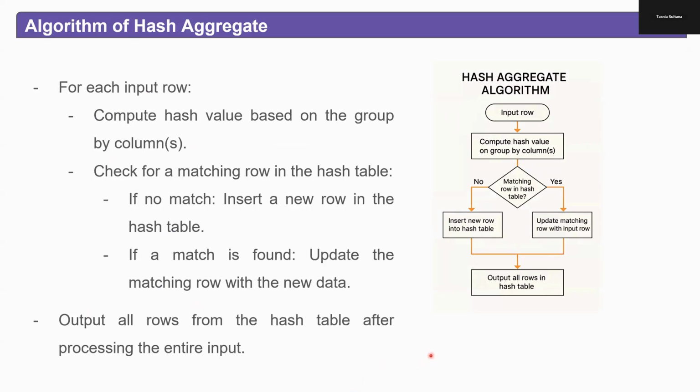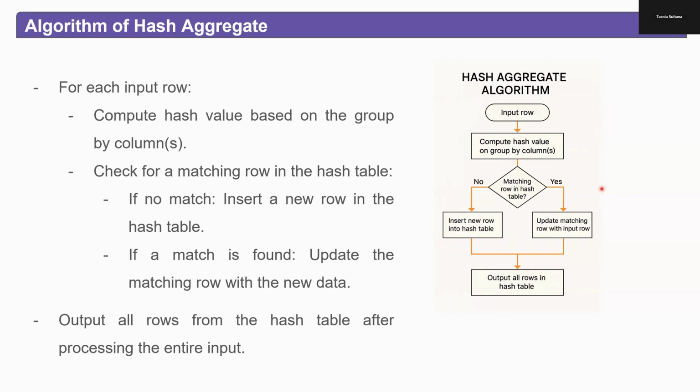The algorithm relies on hashing the input rows based on the group by columns. So for each input row, the hash function checks for a matching row in the hash table. If there is no match, it inserts a new row in the hash table.